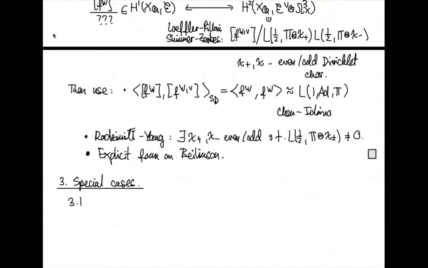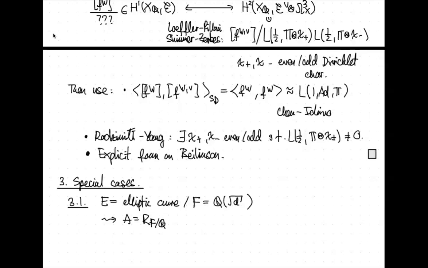The special cases I want to consider: first of all, an elliptic curve over F, which is a real quadratic field, and the associated restriction of scalars, which is now an abelian surface over Q. This restriction of scalars is like taking E and the twist of E by the non-trivial Galois automorphism and descending that to Q. So this gives you an abelian surface.